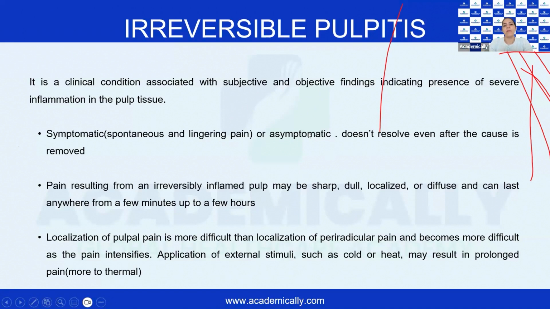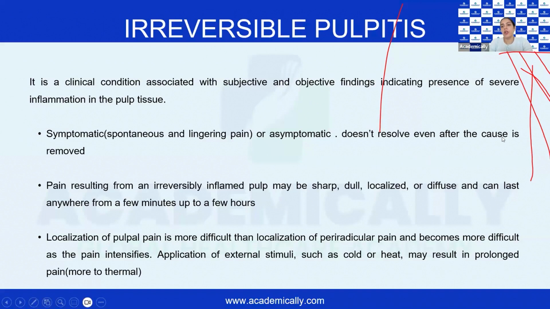Or maybe it is completely asymptomatic. It is so devastated that even the nerve fibers are killed, no longer there, so it has become asymptomatic, but yet to become necrotic. Why? It is yet to form the pus. The death is yet to result in putrefaction.